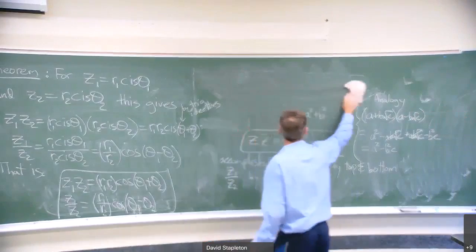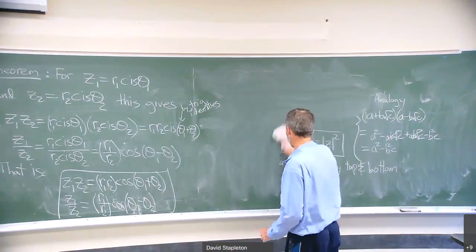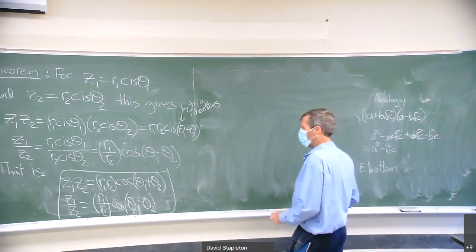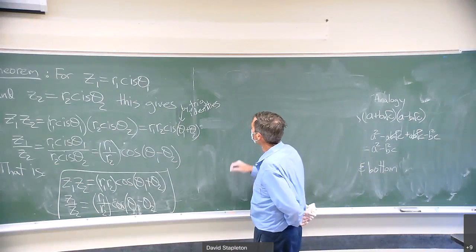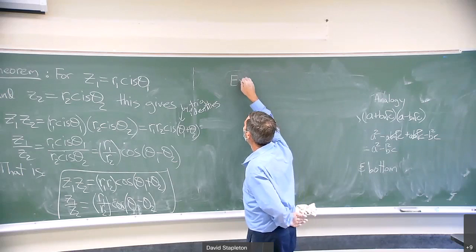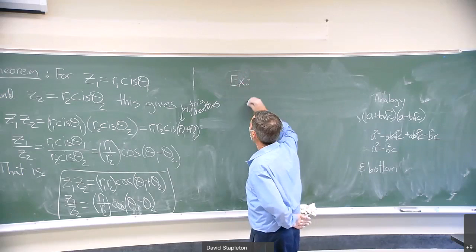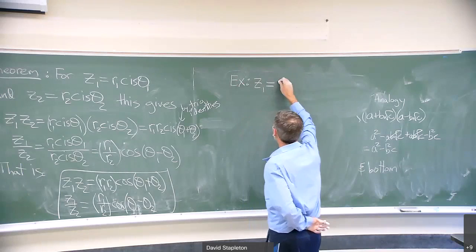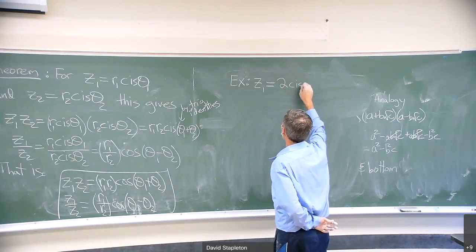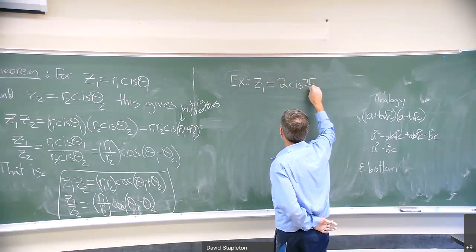Let's do a simple example here. Suppose I have these two numbers in polar form. Z1 is 2 times cosine plus I sine pi over 3.